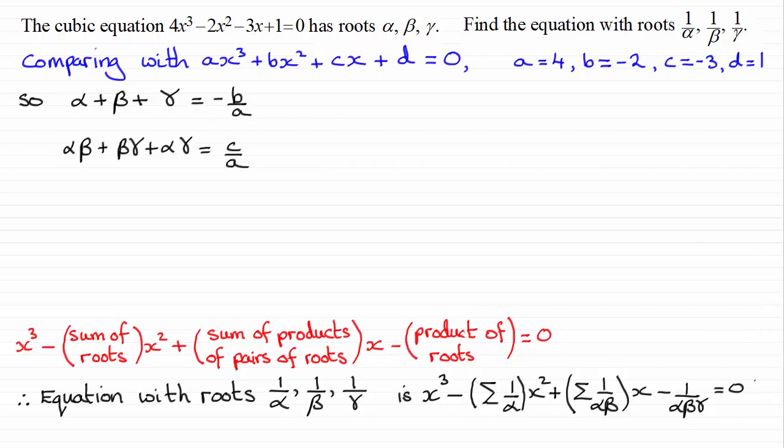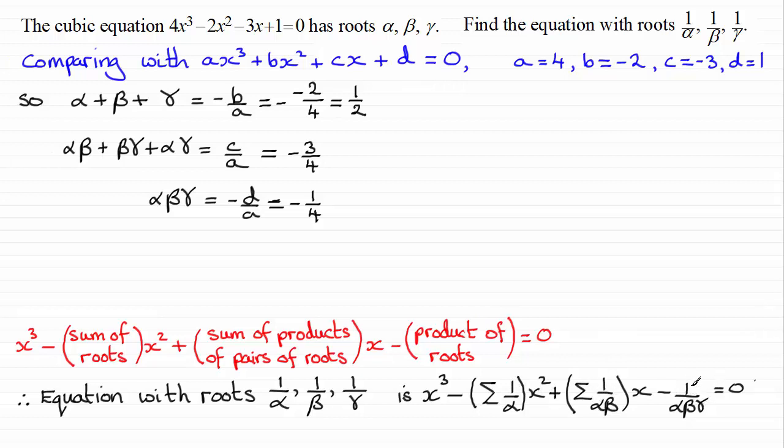The sum of the product pairs was c over a. And the product of the roots was minus d over a. So it's very easy to put these values in. We get a half, minus 3/4, minus 1/4. And so with these values here, we should be able to now determine the values of these terms here.